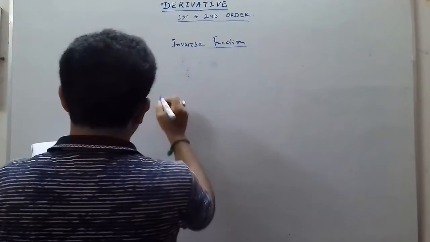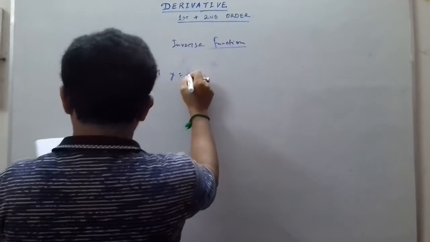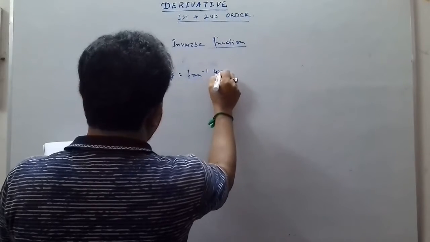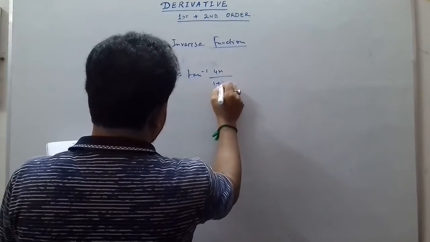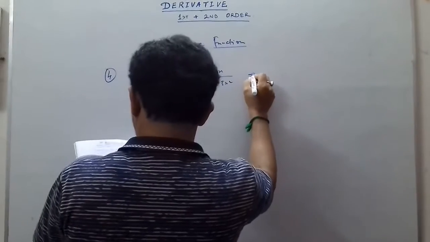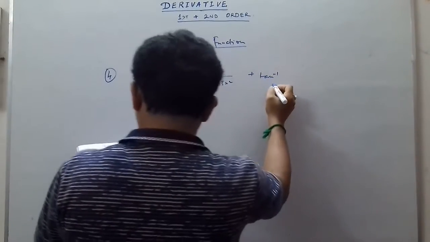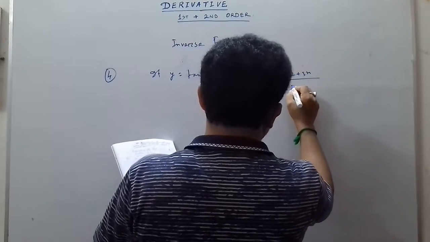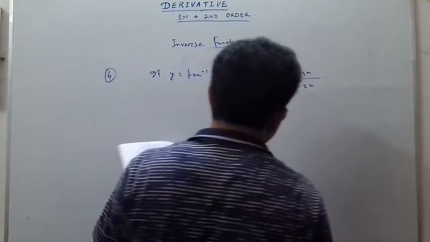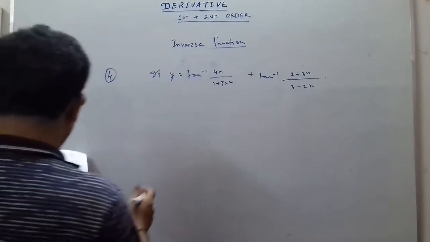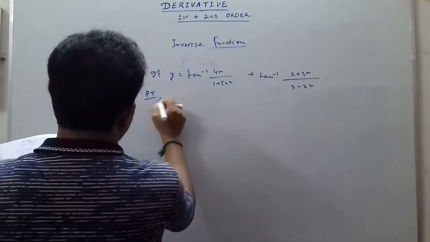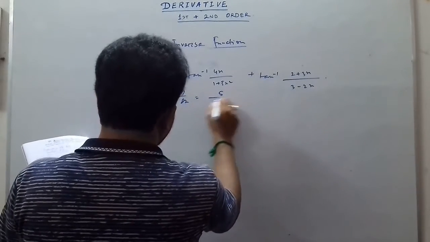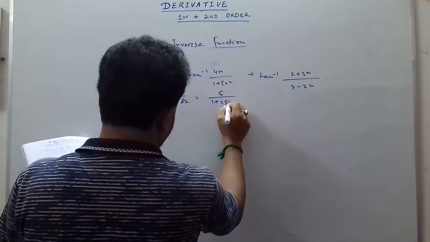If y is equal to tan inverse 4x by 1 plus 5x square plus tan inverse 2 plus 3x over 3 minus 2x, then prove that dy by dx is equal to 5 divided by 1 plus 25x square.